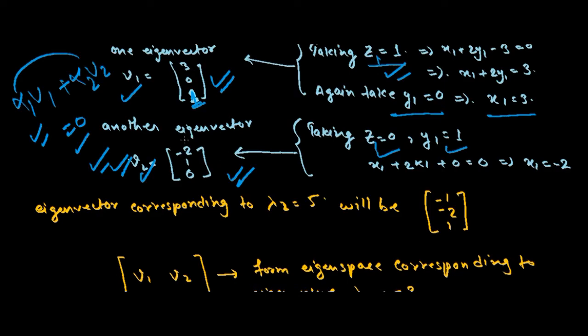Now using the same methodology, we can find that corresponding to lambda 2 equals 5, we have our eigenvector, that is -1, -2 and 1, right? So this is your work, you find it out.